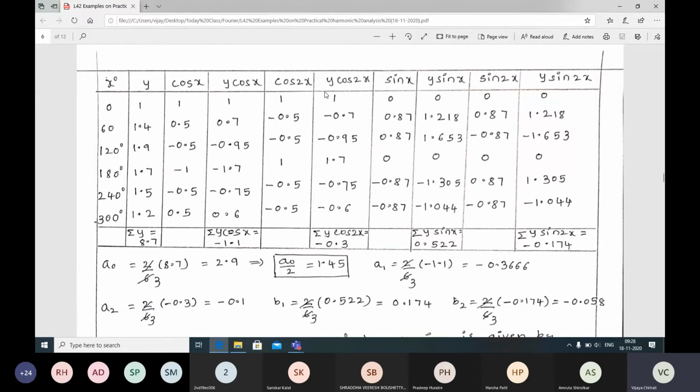So here we want the summation of y cos 2x. So find the summation of y cos 2x. For that, first the y cos 2x values.